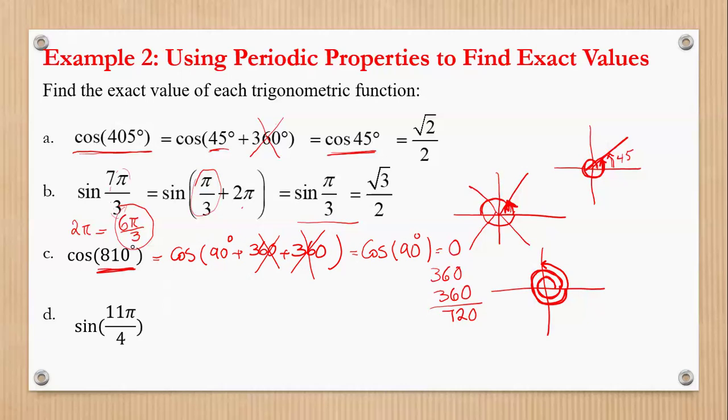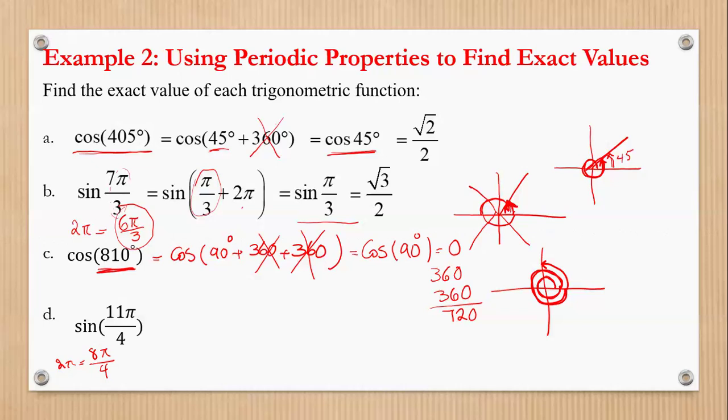The next example asks us to find the sine of 11 pi over 4. Since the denominator is 4, I know that 2 pi is exactly 8 pi over 4, because 8 divided by 4 is 2. But your angle is 11 pi over 4, which means it's more than 2 pi.